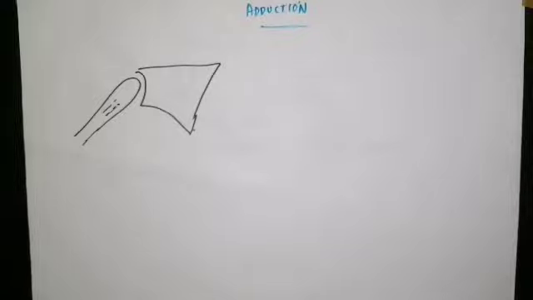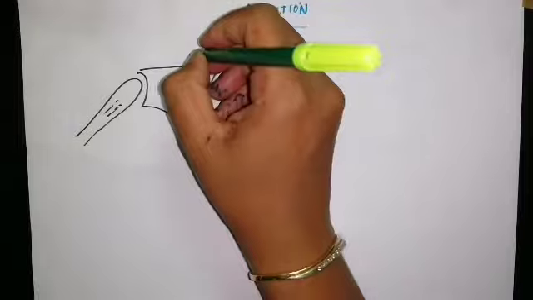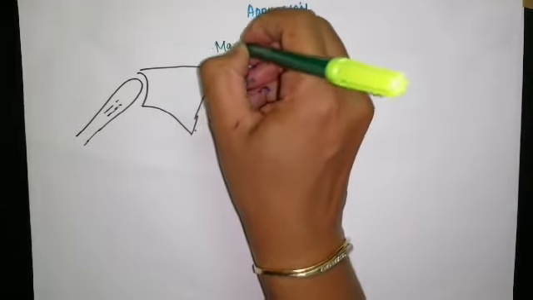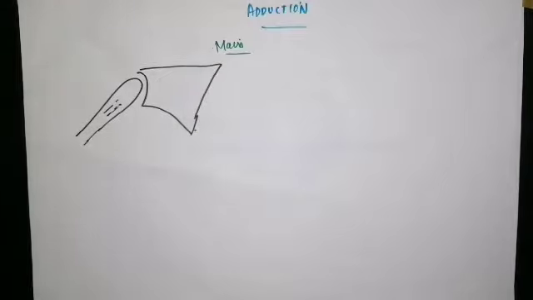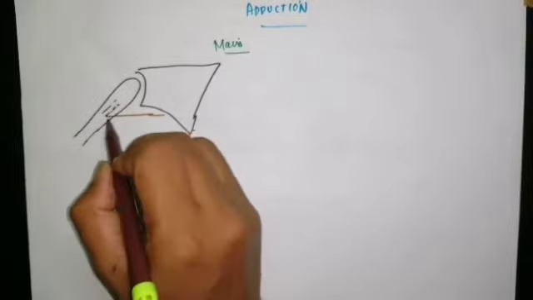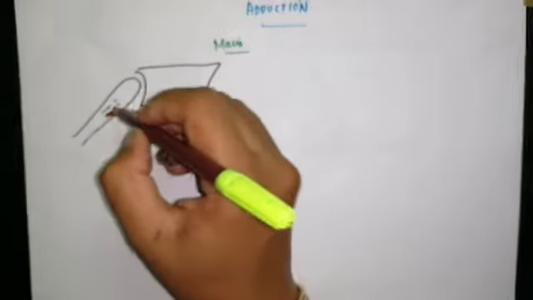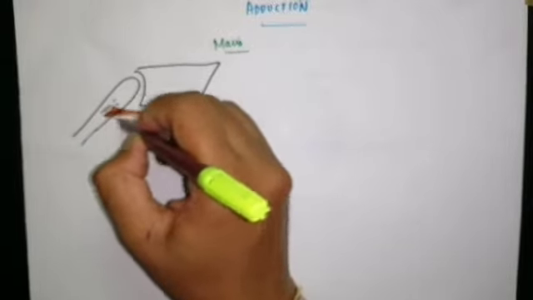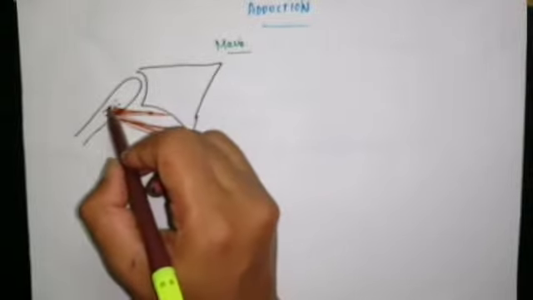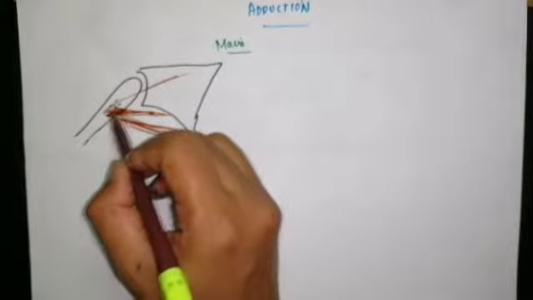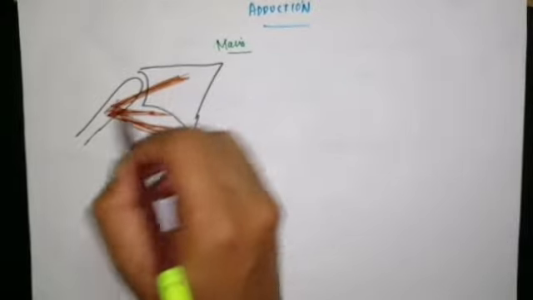Among these, the first one attached to the medial lip is teres major muscle. Another one is latissimus dorsi. And another one is the pectoralis major, inserted into the lateral lip. All of these will cause adduction.